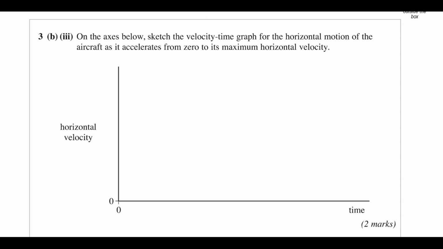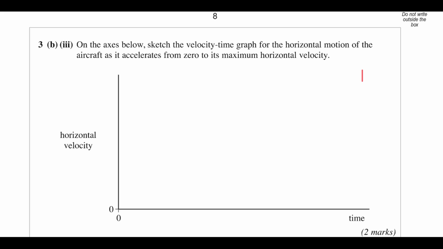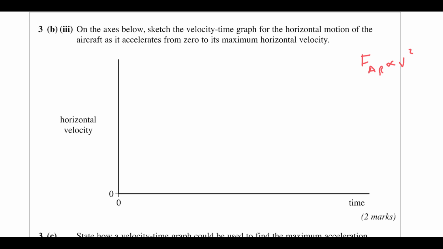On the axis below, sketch the velocity time graph for the horizontal motion of the aircraft as it accelerates from 0. As I said before, the force of air resistance is proportional to velocity squared. So the force of air resistance gets bigger quadratically as velocity increases. So we'd expect the rate of increase of velocity to decrease over time.